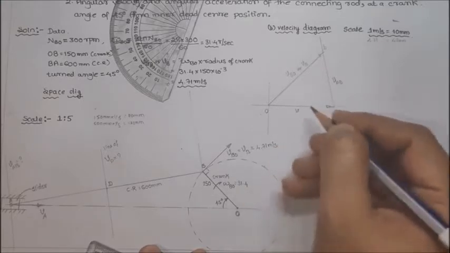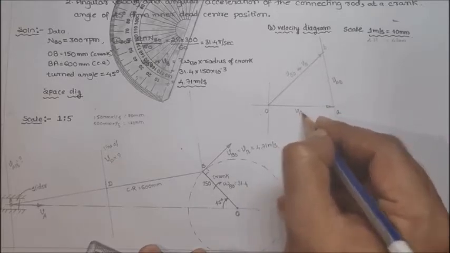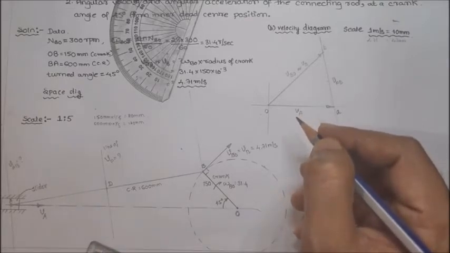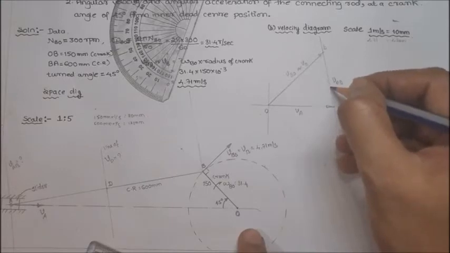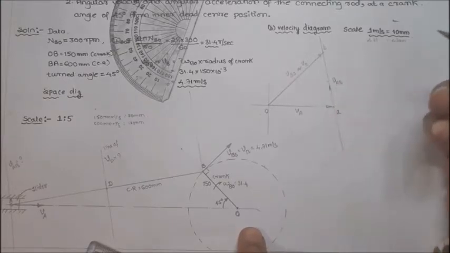This is velocity of slider A, and the direction of this one will be up here.